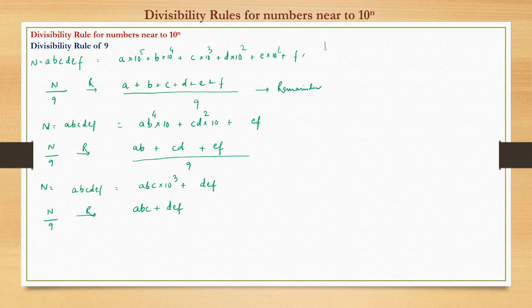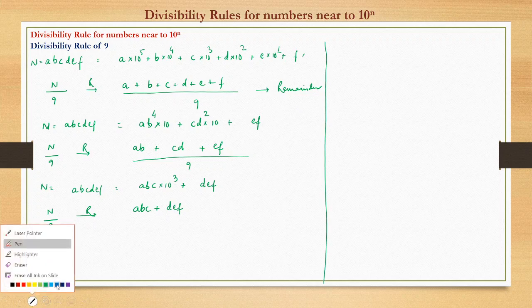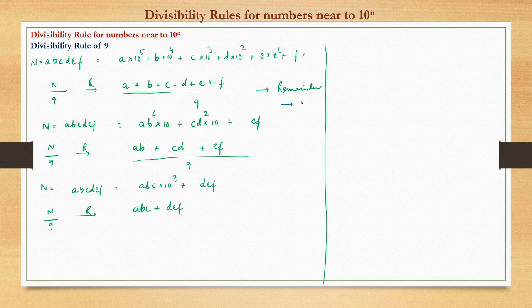So what is the conclusion? Conclusion I write as, say this is equation 1, this is equation 2, and this is equation 3.